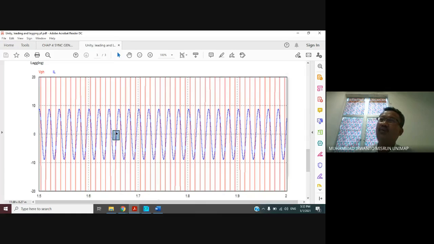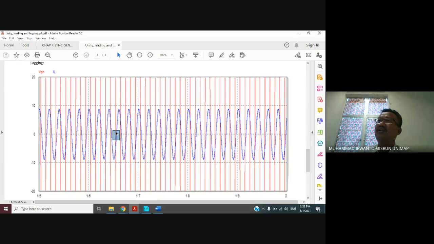For example, when you observe using PSIM, for this waveform you can click PF. Below there is a PF button, click. Then how much is the power factor value? For example, cos theta is equal to 0.8.